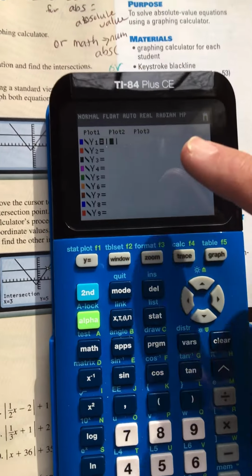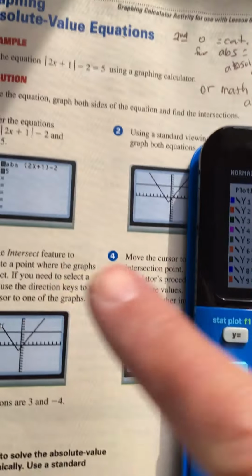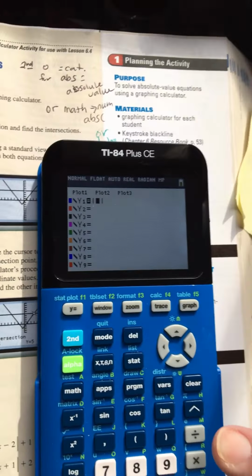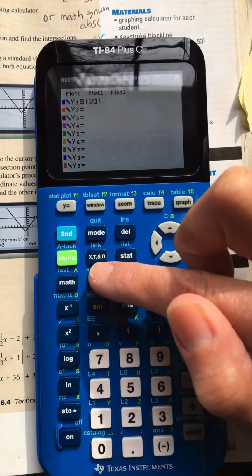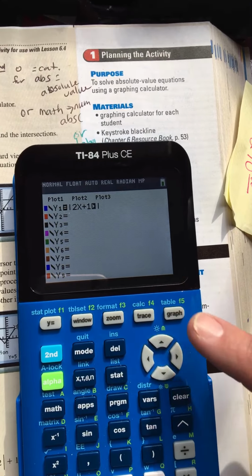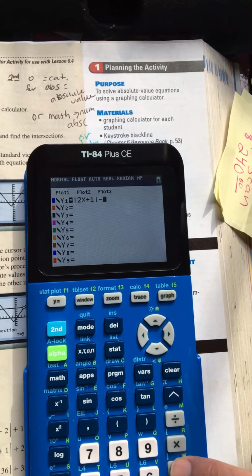All right, so now that we've got here, if you've got an older calculator, instead of the bars you're going to get parentheses, so don't let that confuse you. I'm going to type in what goes here: 2, this is the button for x, 2x plus 1. Now I arrow over to get out of there, and I put the -2 in there.